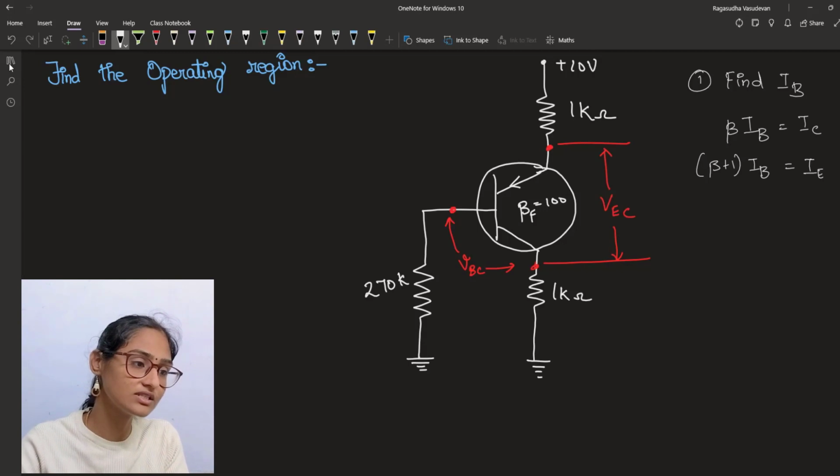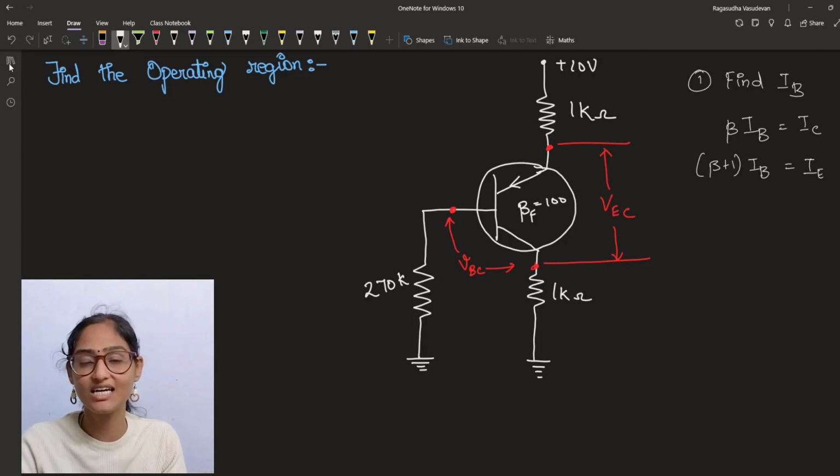We know that this is an NPN transistor, and the voltage between the P and N regions of any device is plus 0.7 volt, because for silicon the depletion region needs a voltage of 0.7 volt for current to cross that junction.